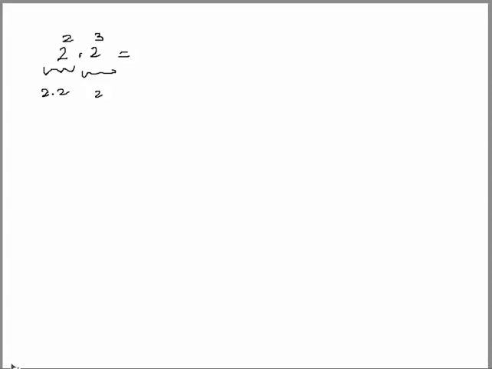Here I get 3 2's out of this. So I have a total of 5 2's. So instead of adding those like that, you just simply add the exponents. That's what the property suggests we do. So that would be 2 to the power of 5.